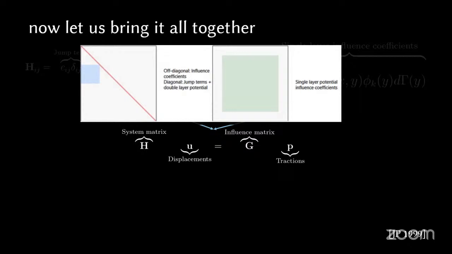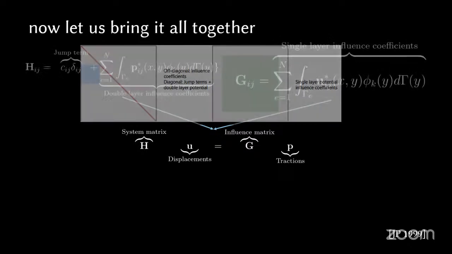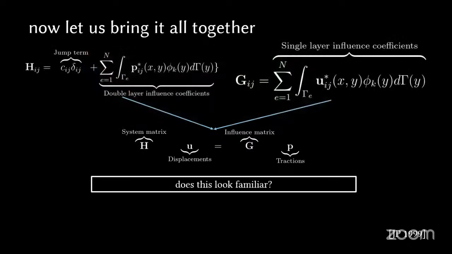But we skipped quite a few steps while trying to get to this. But does this look familiar? HU equals GP. Does this look like a familiar form of something? It's just a system of equations.